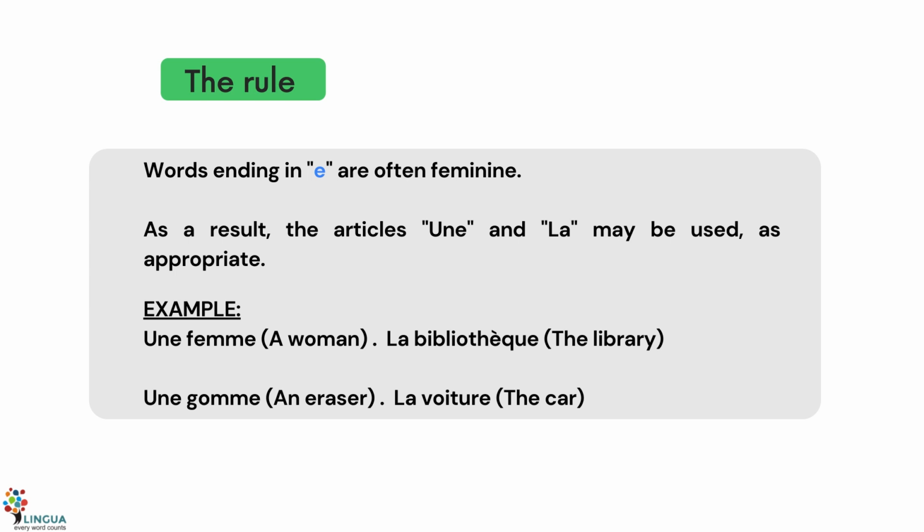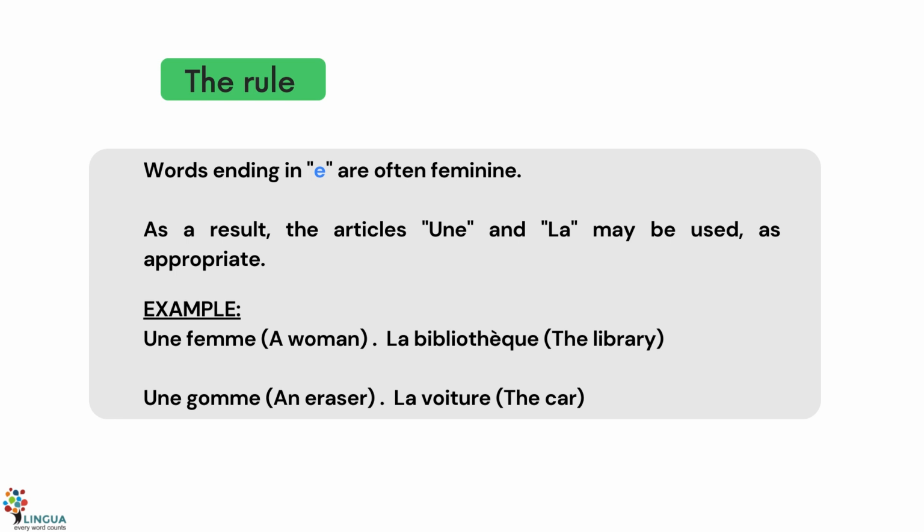And so with that, you can use une or la, either indefinite or definite articles depending on the sentence. So for example, a woman, which we have here, is une femme. The library, la bibliothèque. Une gomme, which is the eraser, and la voiture is the car. All right, got that? Awesome.